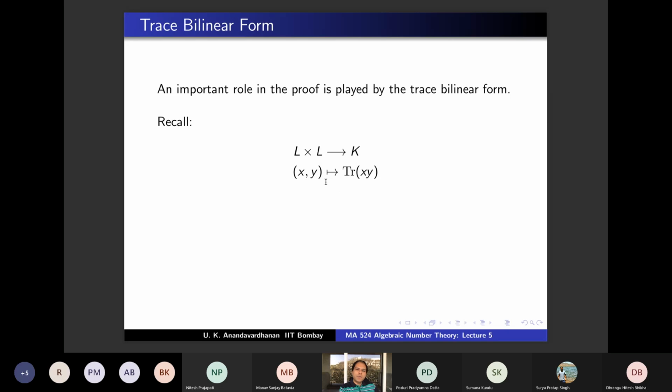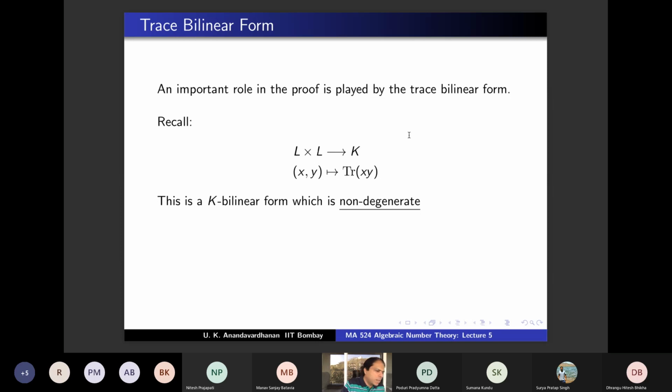It is linear in each variable, which is clear: if you have x1 and x2, then x1 plus x2 times y is x1y plus x2y, and trace is additive. The important point is that this K-bilinear form is non-degenerate.